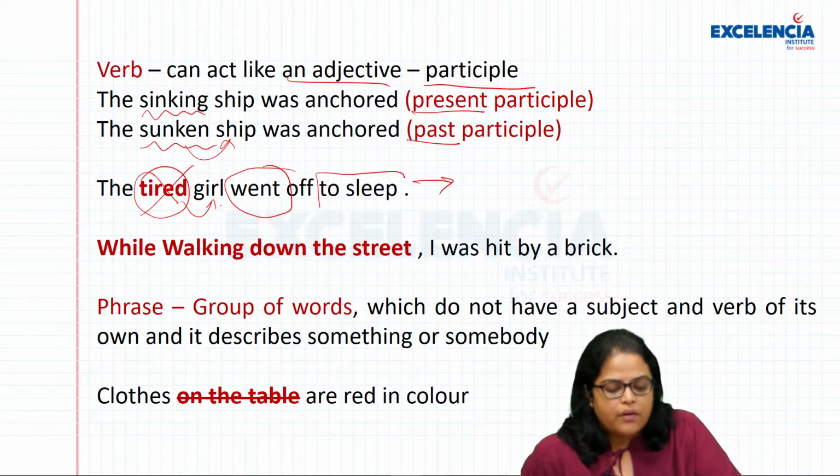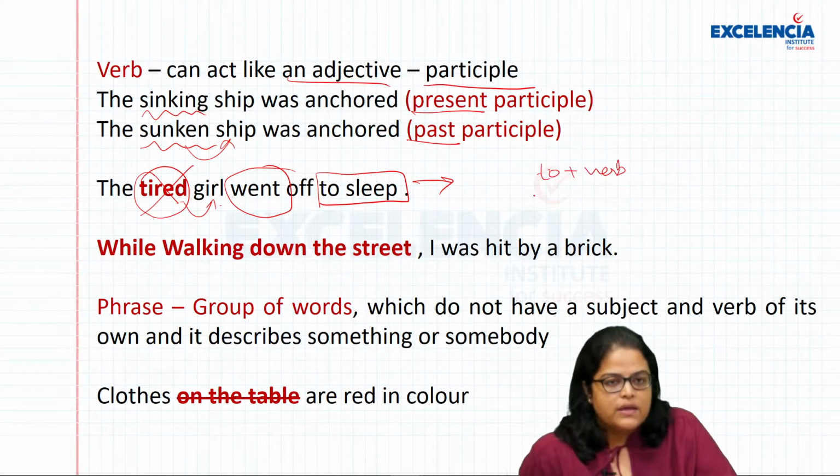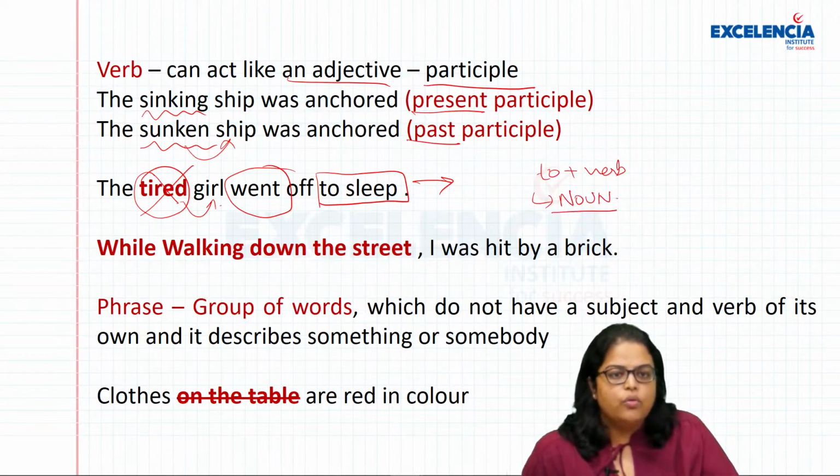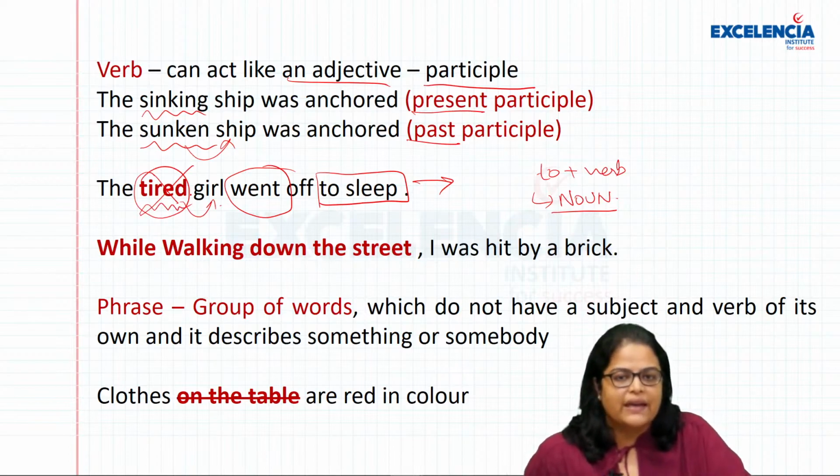To sleep is also actually acting like a noun. A to plus a verb, no, guys, is always a noun. To err is human, to forgive is divine. All those are also nouns. But you don't need to know all that. As long as you understand that this tired is extra information, it is acting like an adjective. Yes?